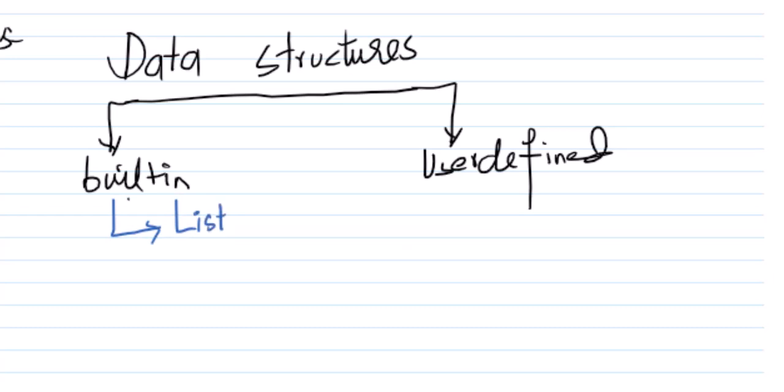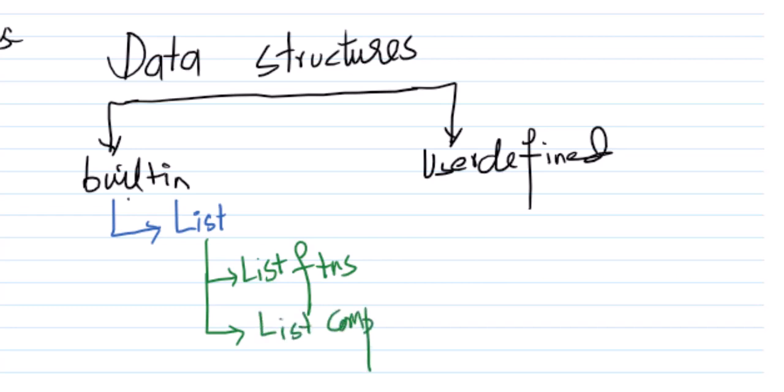In list we discussed many things, like different functions related to lists, that is, list functions, and after it list comprehensions as well. These are the things we discussed in the list section.